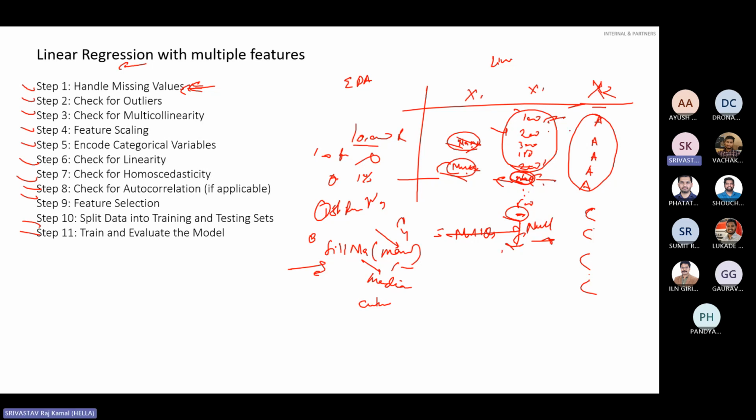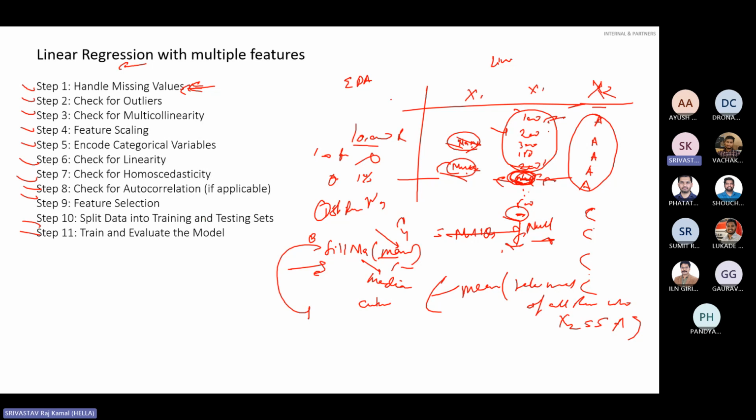So what I can do is take the mean of all rows where x2 equals A, and replace the corresponding values where they are nulls. That's one of the better ways of fill NA with mean. This is up to us, how we can create some intelligent way of replacing the mean.